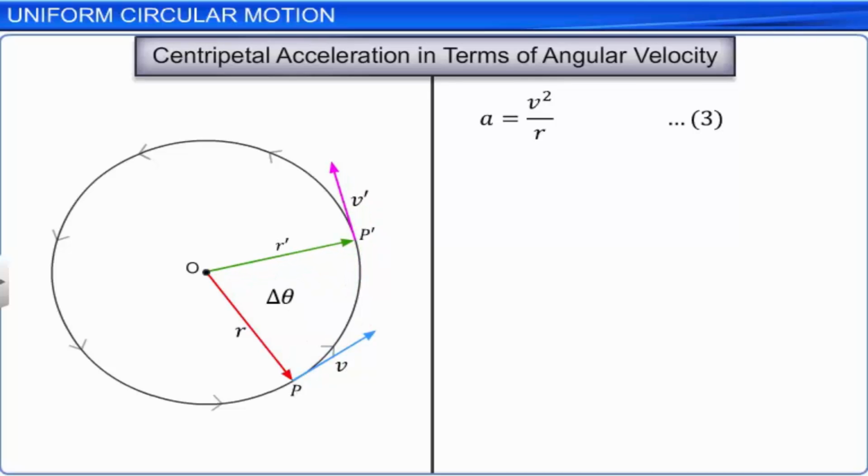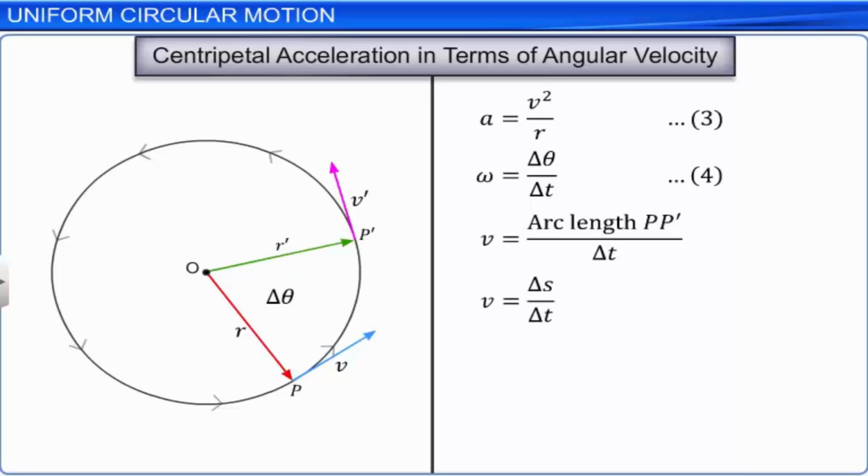Let this be equation 4. V is equal to arc length PP' by delta t, which is equal to delta S by delta t. Let this be equation 5. Delta S is the arc length, which is R delta theta. Let this be equation 6.